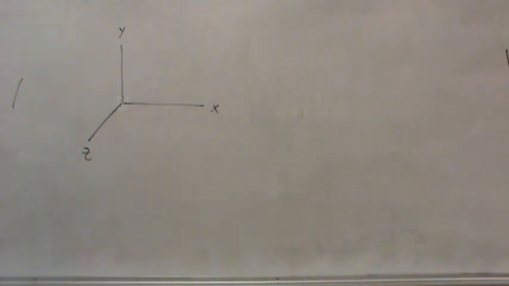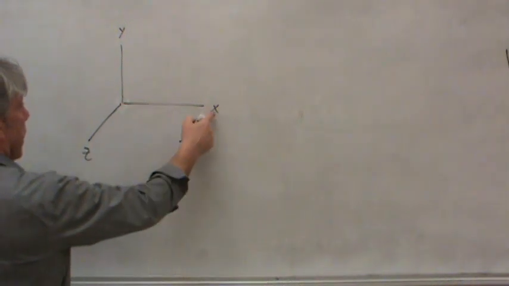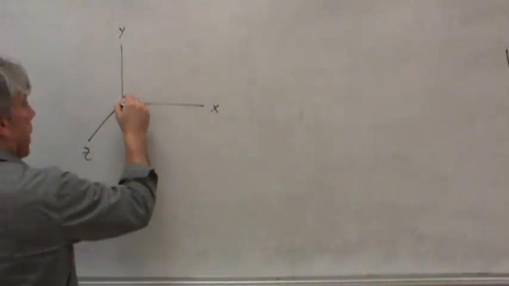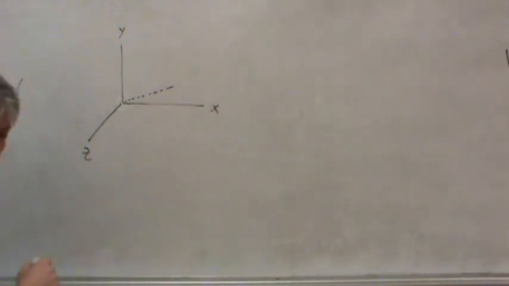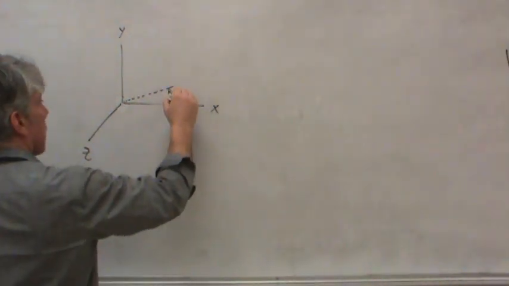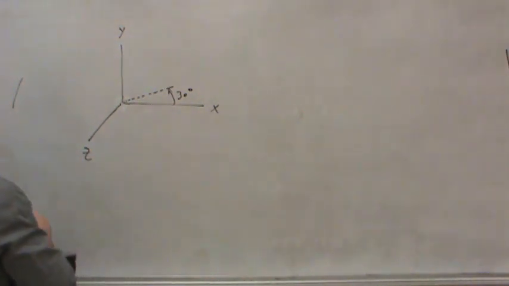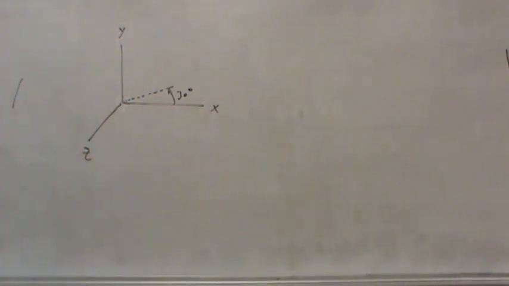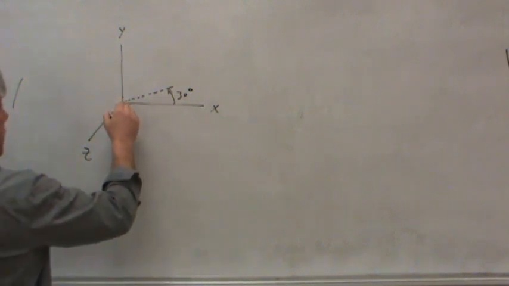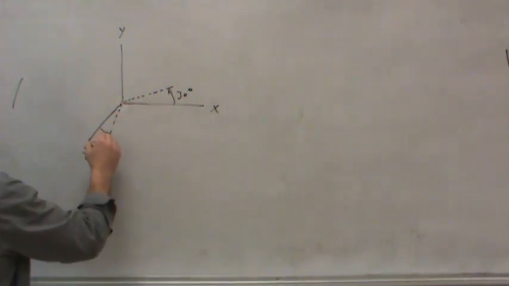Let me draw a couple of lines here for reference. So back in the xz plane, going back behind the x-axis, there's a reference line at 30 degrees. And then from the z-axis coming towards x, there's another reference line at 25 degrees.